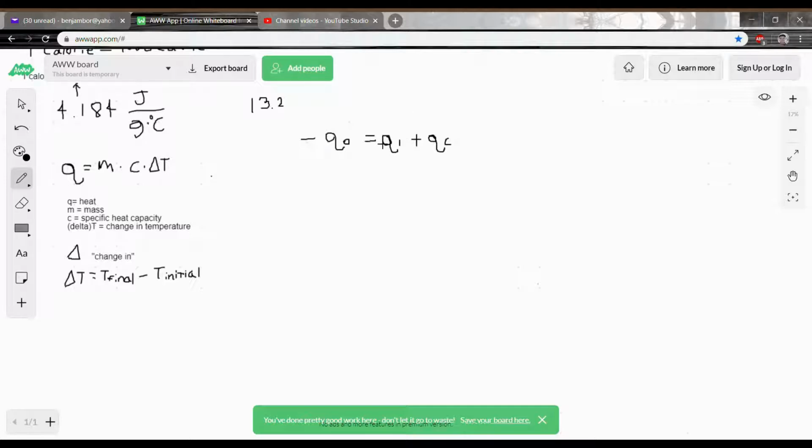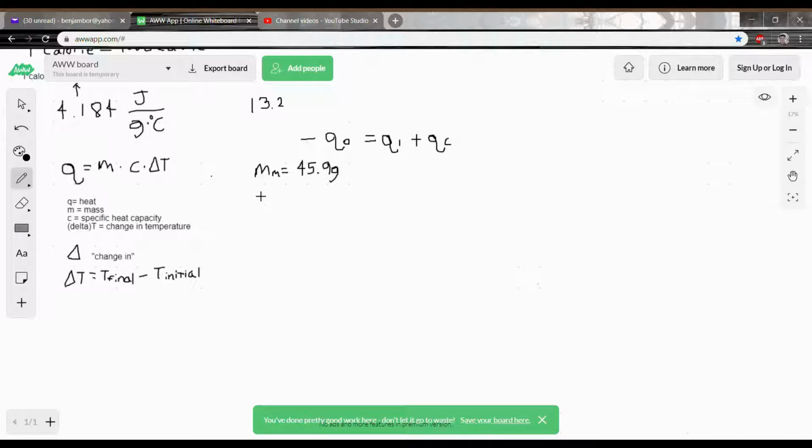We are given that a 45.9 gram sample of an unknown metal, let's go ahead and write this down as we go through. So the mass of the metal is going to be 45.9 grams, is heated to 89.7 degrees Celsius.